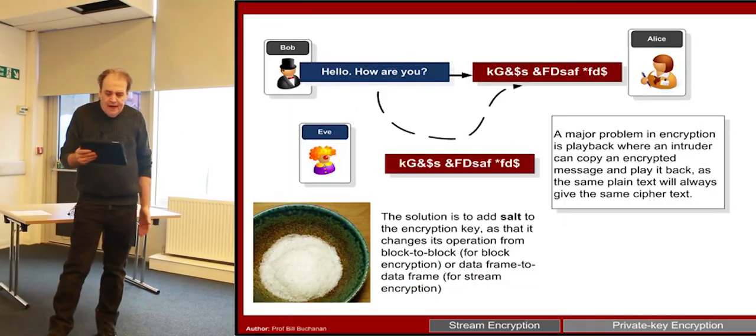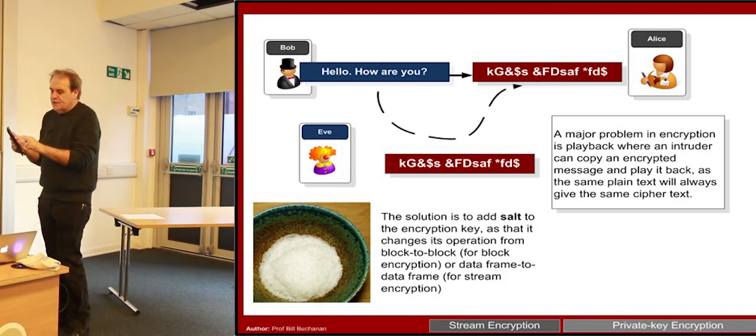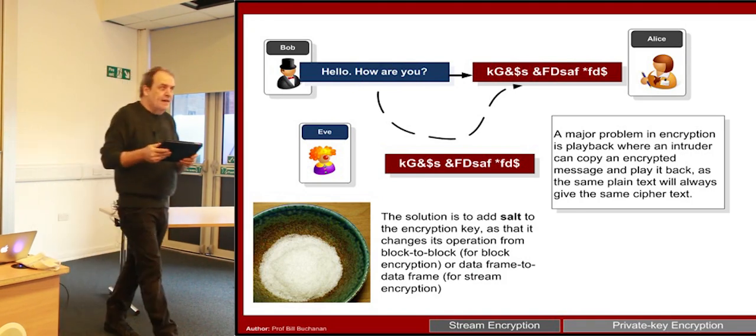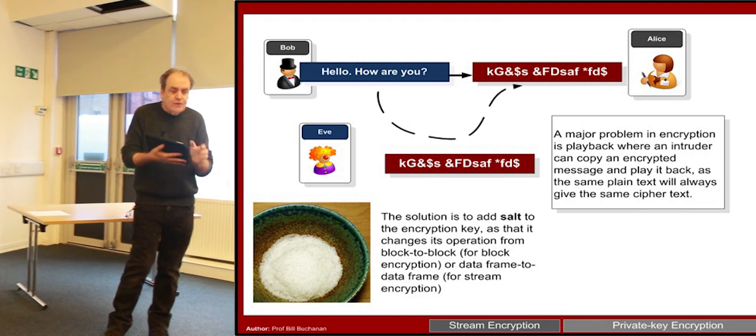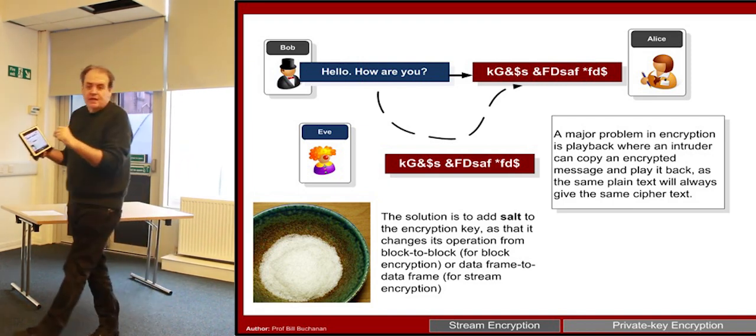So now the problem that we have is that if Eve captures Bob's ciphertext, what's to stop Eve replaying that back to Alice? What's to stop Eve copying and pasting ciphertext together and making it look like a valid message?